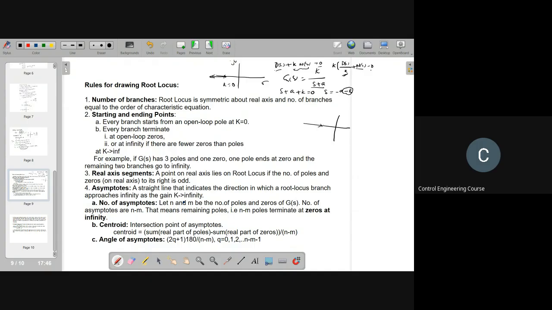Let us say this is one pole and this is a zero, and there is another pole like that. So what we have to do is find out the existence of root locus on the real axis. In this case, take one test point. Let us suppose I take a test point here.